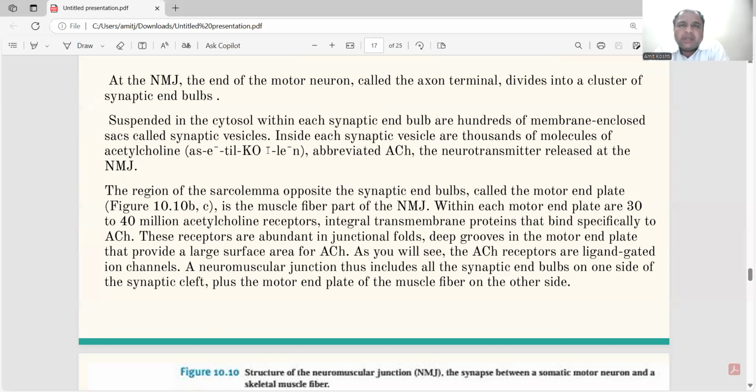You might have heard about other neurotransmitters like GABA and dopamine. They have different kinds of activity. This one is an excitatory neurotransmitter that carries out muscle contraction. That is not today's topic, so we will talk about that in some other lecture. Acetylcholine is the neurotransmitter released at the NMJ.